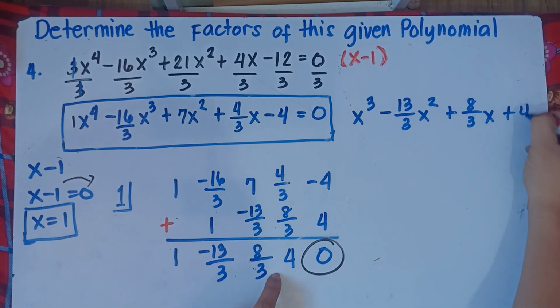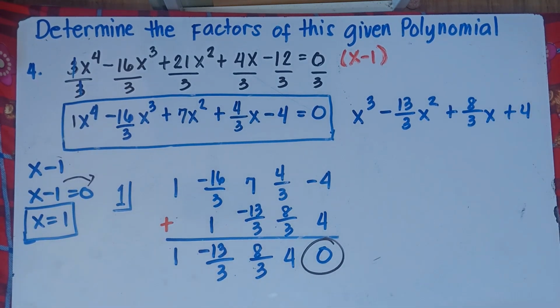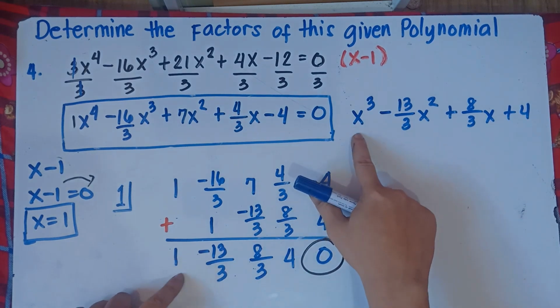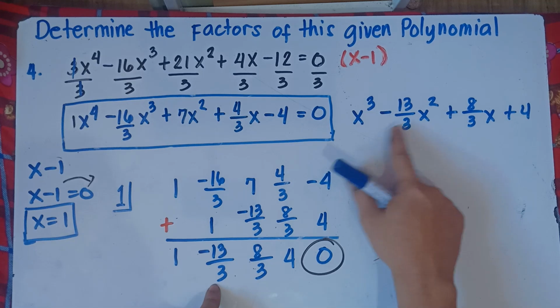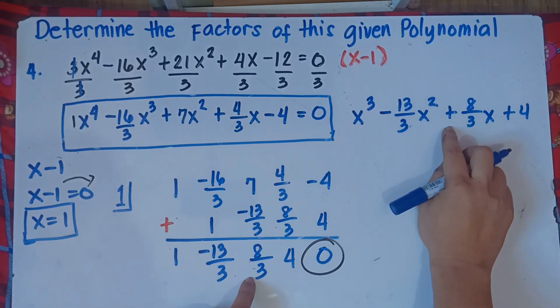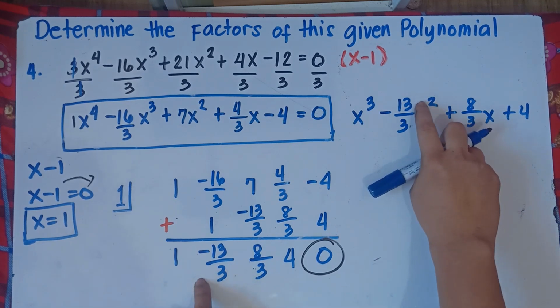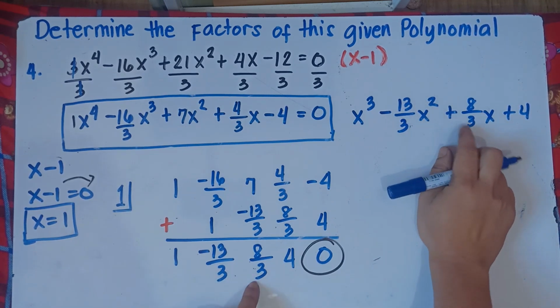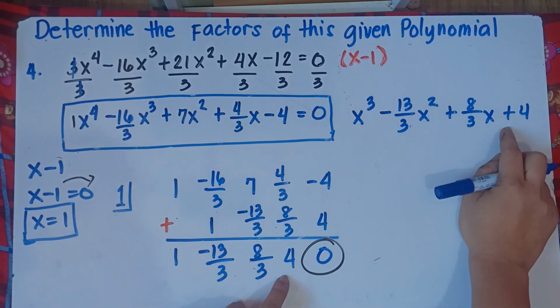Then plus 4. Alright, so we have x cubed, then negative 13 over 3 x squared, then positive 8 over 3 x plus 4.